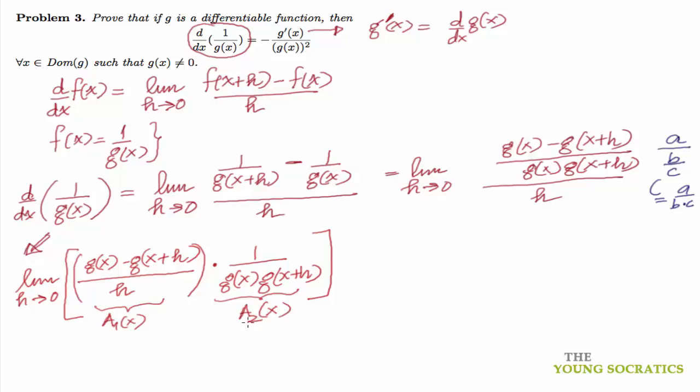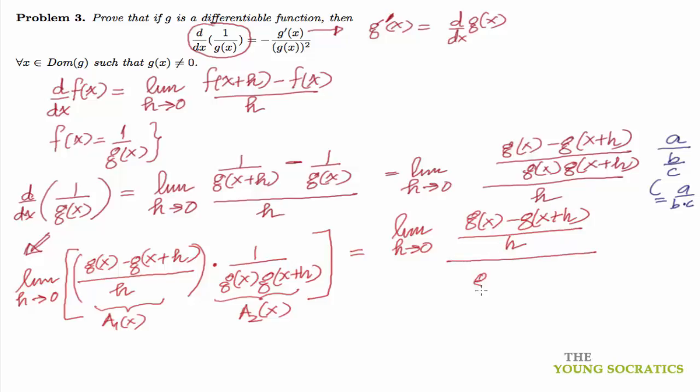So what we are dealing with is limit of h tending to 0 of a1(x) by a2(x), and we know that we can now write it as limit of the numerator by denominator, so limit of g(x) minus g(x plus h) by h, whole divided by limit of h tending to 0 of g(x) and g(x plus h).